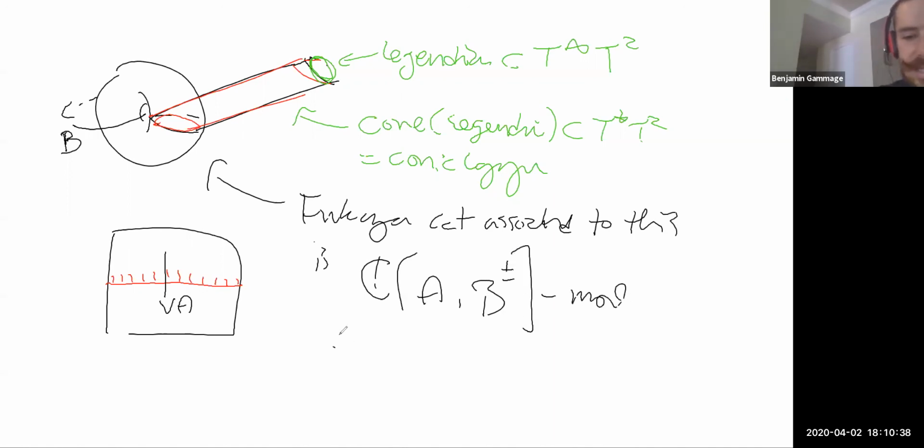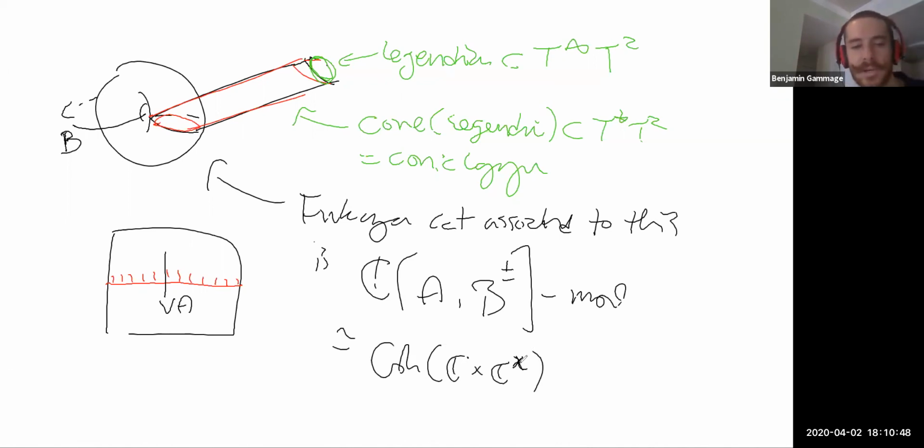So in other words, it's a mirror to functions on C times C star. So that was functions on this toric variety that we started with.